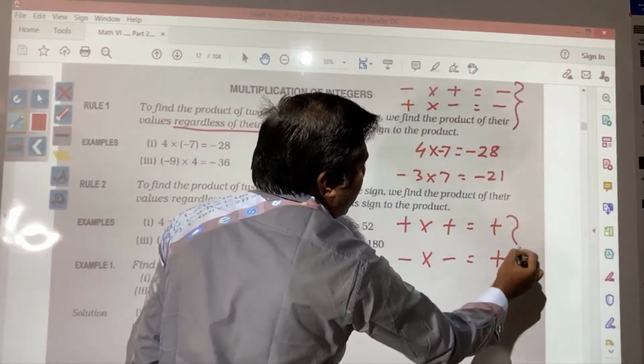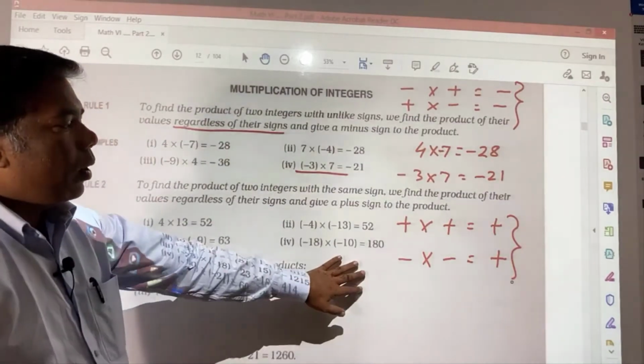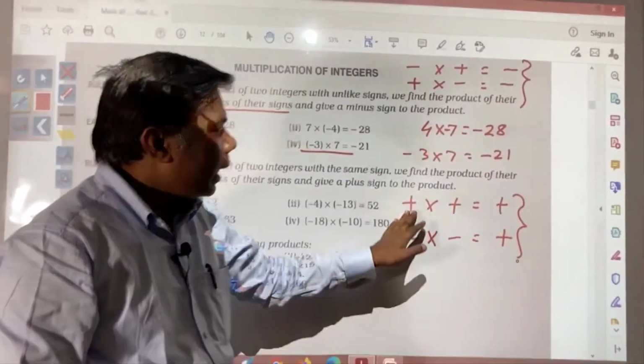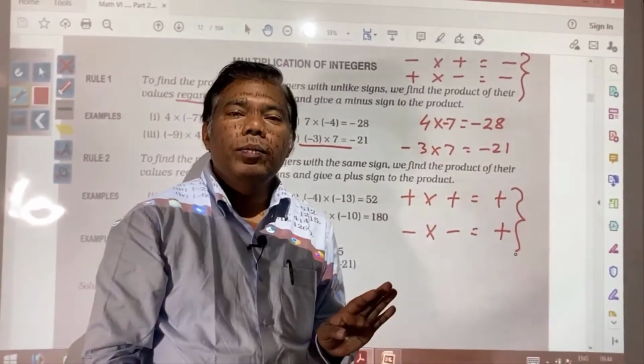These things are very important to remember. If unlike signs are there, product will be negative. If like signs are there, product will be positive.